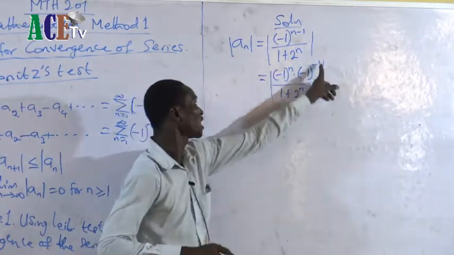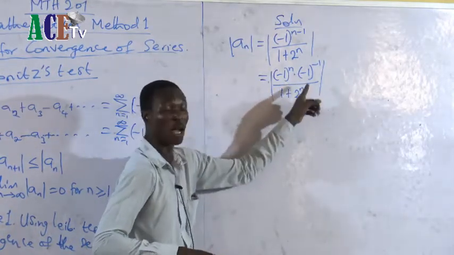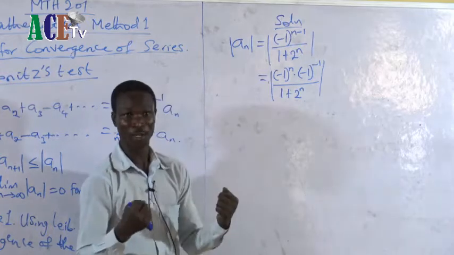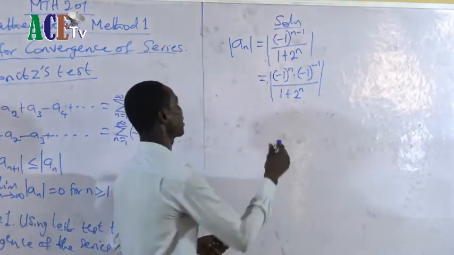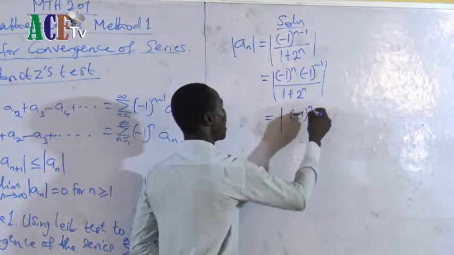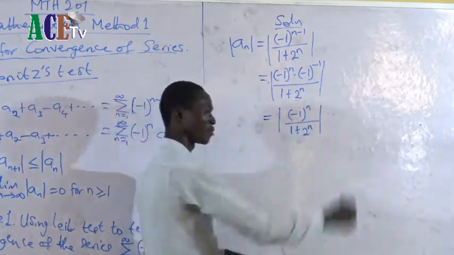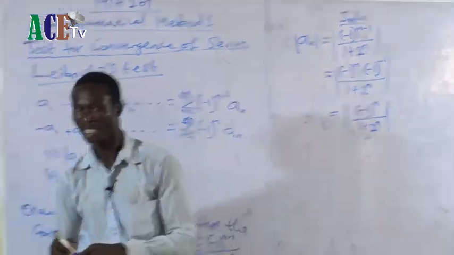Because in this absolute value, even if this one gives us a negative, it will change into a positive number. Now, in that case, this one will remain (-1)^n divided by 1 + 2^n. That's what we are going to have in that one.